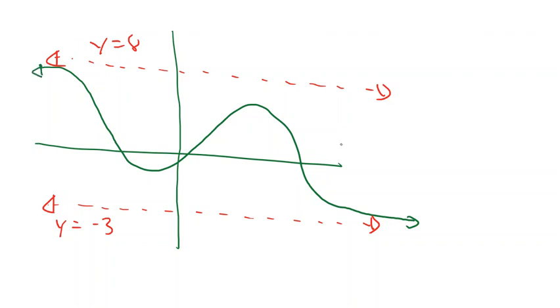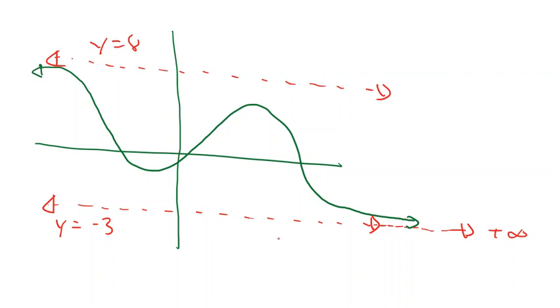Now, from the best that we can tell, this would be a very weird graph, by the way. I just made this up. From the best that we can tell, as x is getting infinitely large, this graph is getting infinitely close to that line.